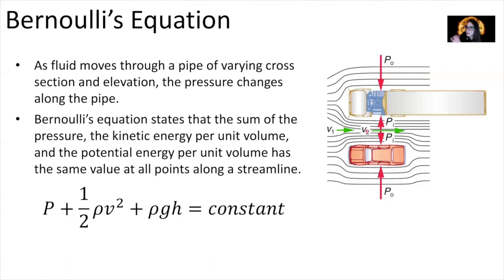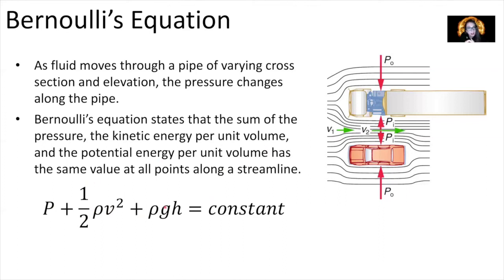And what happens when your speed increases? Your pressure actually decreases. How does that work? When your speed goes up, your pressure decreases. And remember that the sum of all of these quantities right here has to equal a constant. So as that fluid is moving between the car and the truck and narrowing down to a smaller cross-section, we know that the speed has to increase.